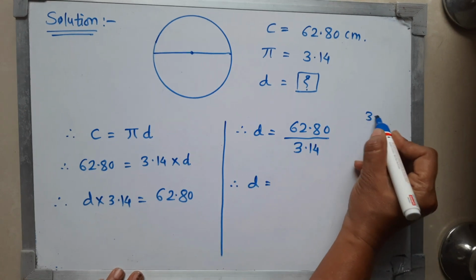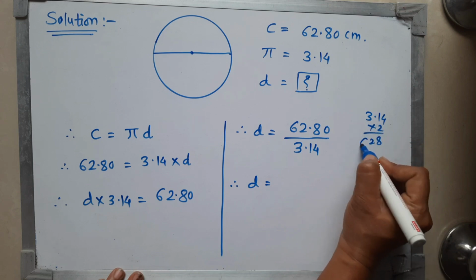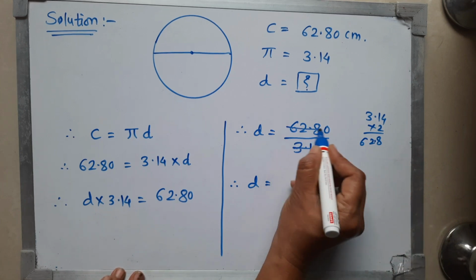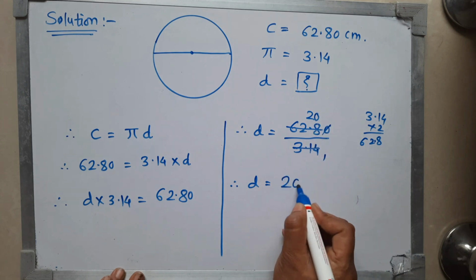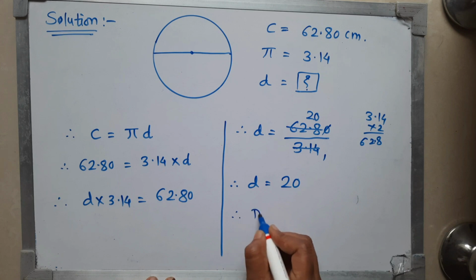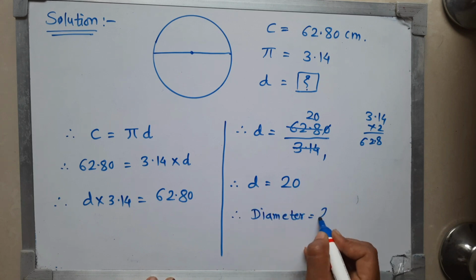D is equal to 62.8 divided by 3.14. 0 is 0. D is equal to 20 centimeter. Diameter is equal to 20 centimeter. In this way, we find diameter.